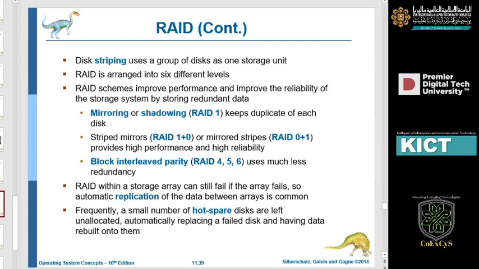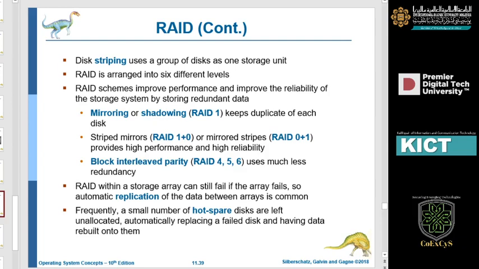The other thing that it provides is stripe mirrors, right? If we actually stripe the disk by putting data in multiple hard disks, and at the same time mirror it, we call them RAID 10, or mirrored stripe called 01, right?